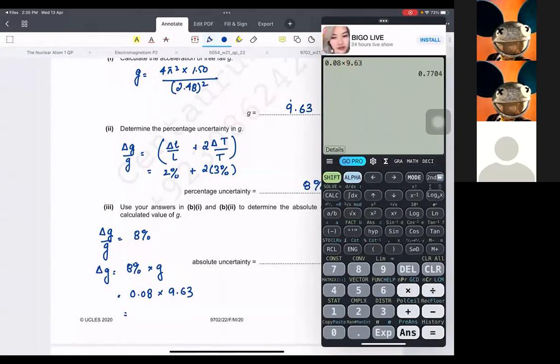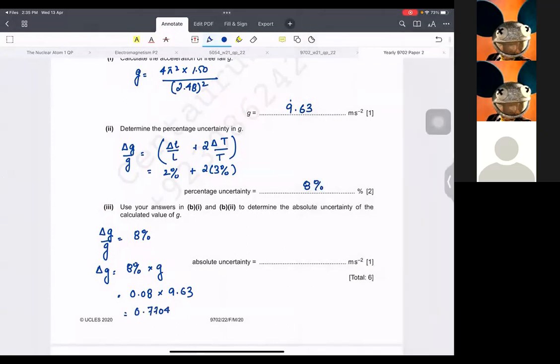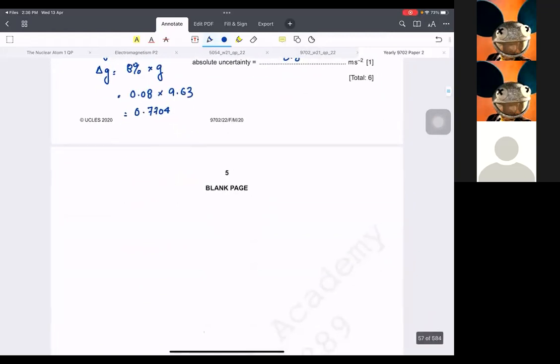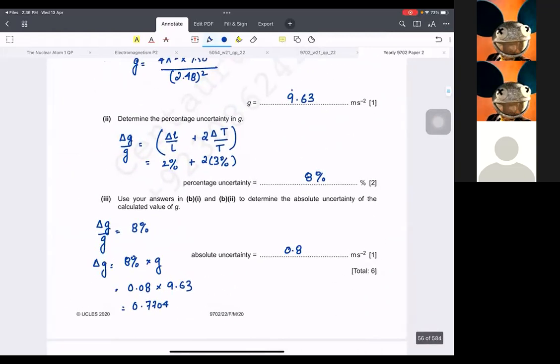So this is 0.7704. Now absolute uncertainty is written in only one significant figure. You guys need to remember. So it will be 0.8. And that's it. If you guys have any questions, please let me know. This was pretty simple. Last time it took a lot of time.